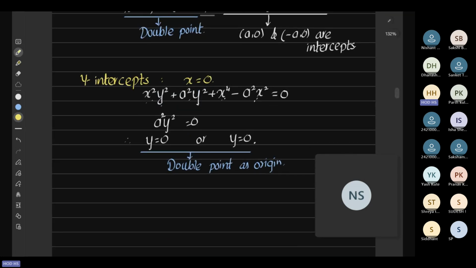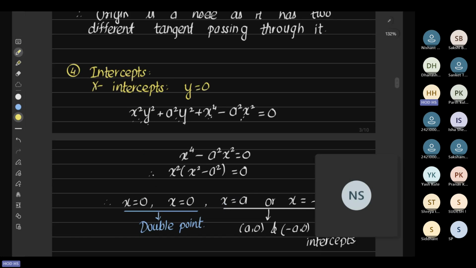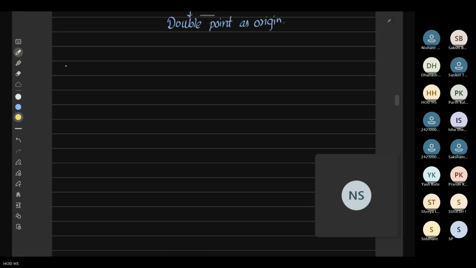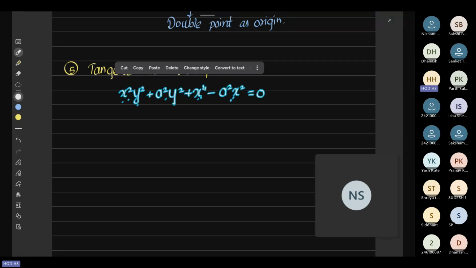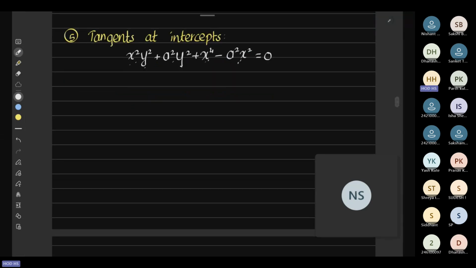Since we got some new intercepts, we should calculate tangents at those intercepts. So to calculate tangents at the intercepts, again start with the given equation and differentiate this equation, because tangents are the slopes, right?